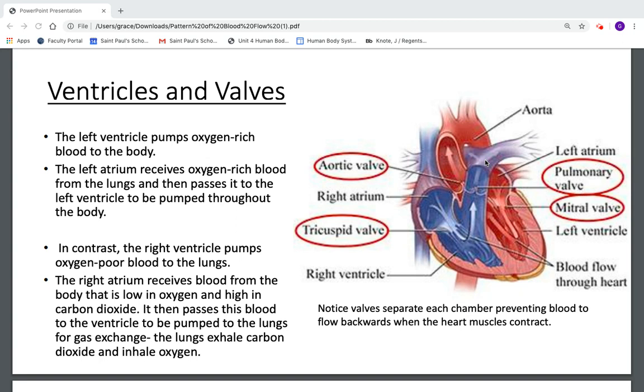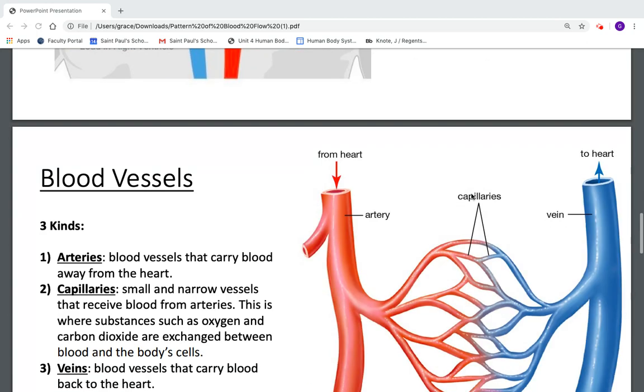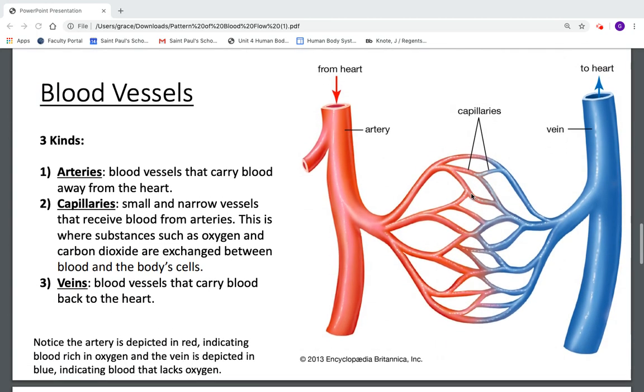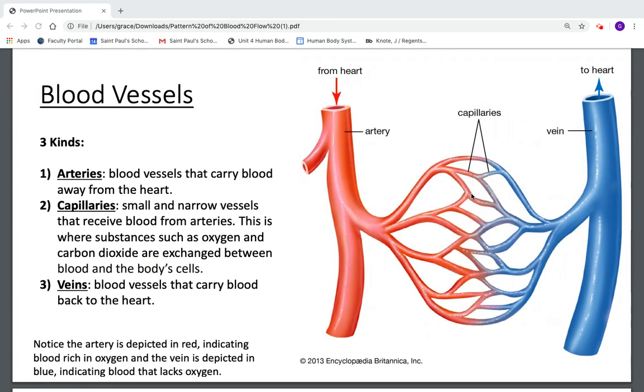This blood happens to be oxygen poor, though, because this blood is being sent to the lungs in order to oxygenate and get rid of carbon dioxide. So that's one exception. However, most arteries are going to be carrying oxygen-rich blood from the heart to the body.